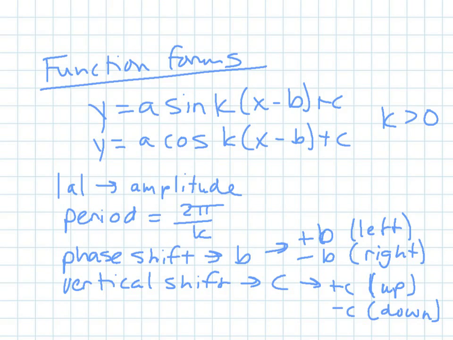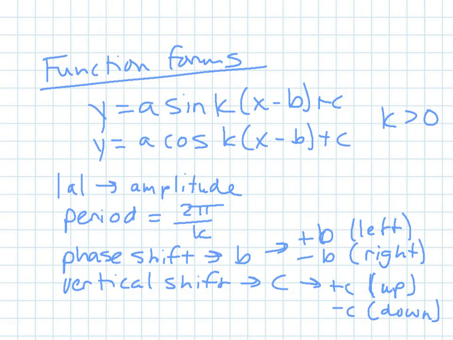Now the last little bit here, I want to give you the forms for the functions of sine and cosine, so you can do this with anything. So A, remember, is the amplitude. The absolute value of the A value is the amplitude. So it's always a positive value, whether you're going from the middle down or from the middle up. Doesn't matter sine or cosine. K value is the value that helps you determine what your new period is.